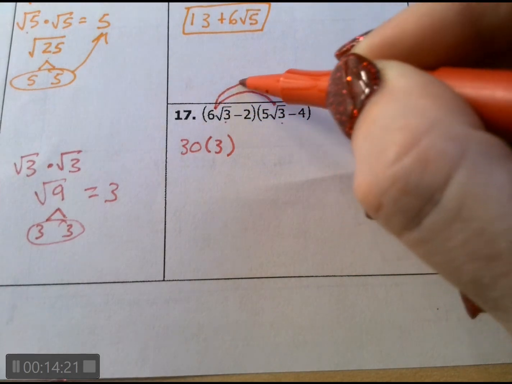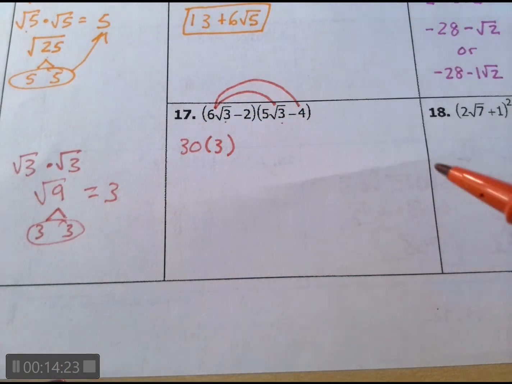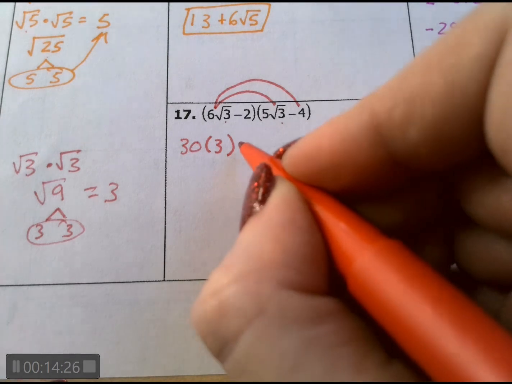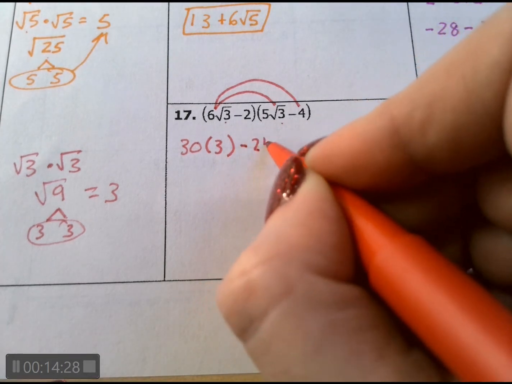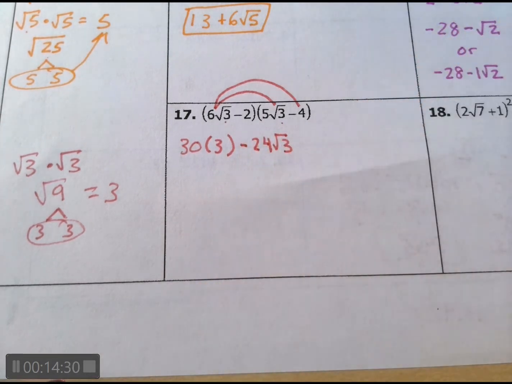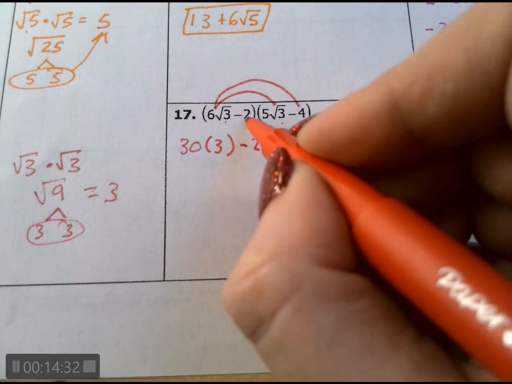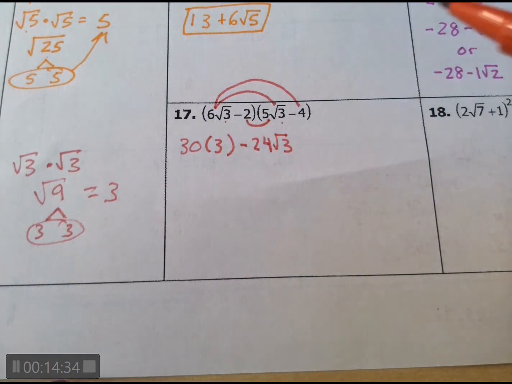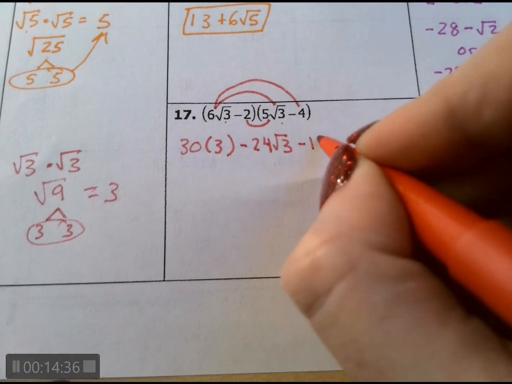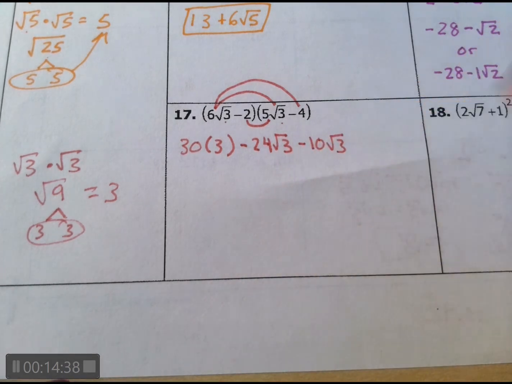And then we're going to do 6 square root 3 times negative 4. So 6 times negative 4 is negative 24 square root 3. Negative 2 times 5 square root 3 is negative 10 square root 3.